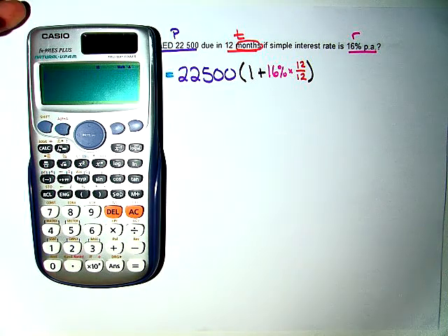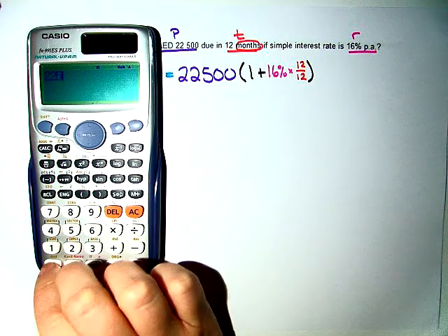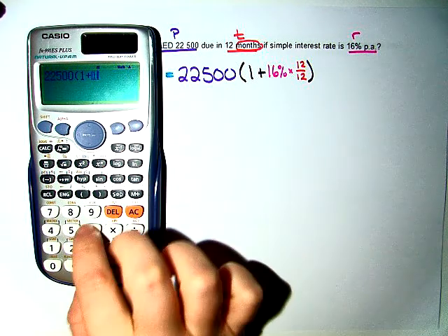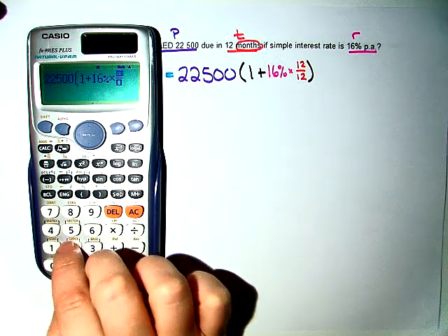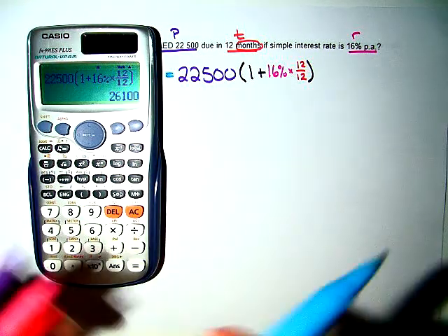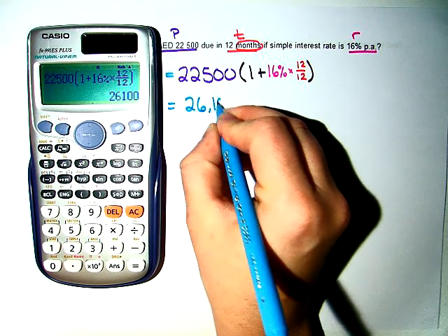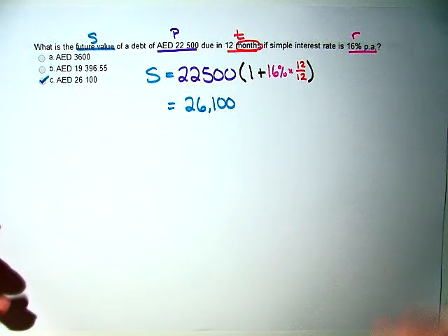If you already know the shortcut, you can go to there, but we're going to do it this way for now. 22,500, open parentheses, 1 plus 16% times fraction 12 over 12 gives me a maturity value of 26,100 dirhams. So if we look here, that would be choice C.